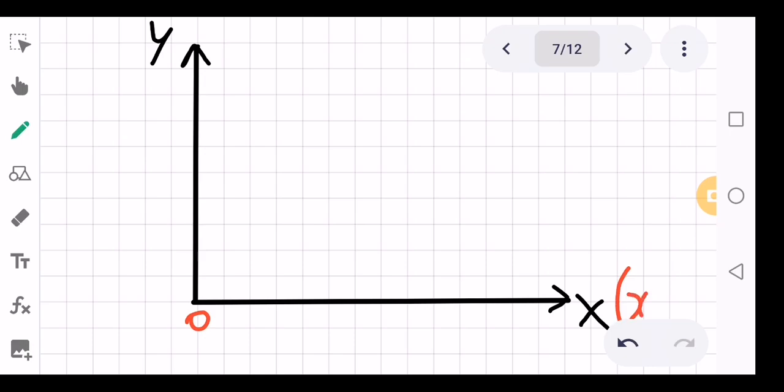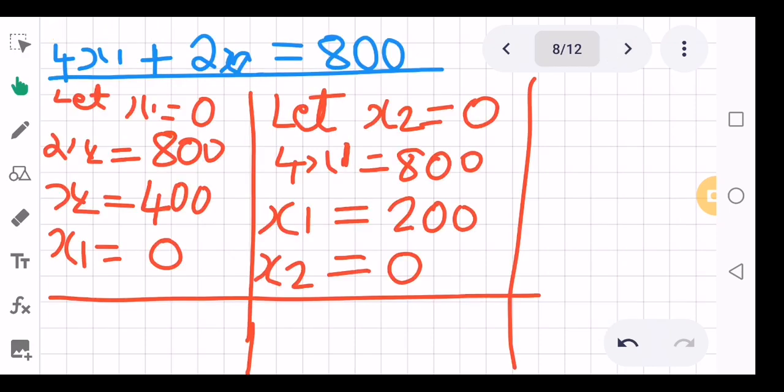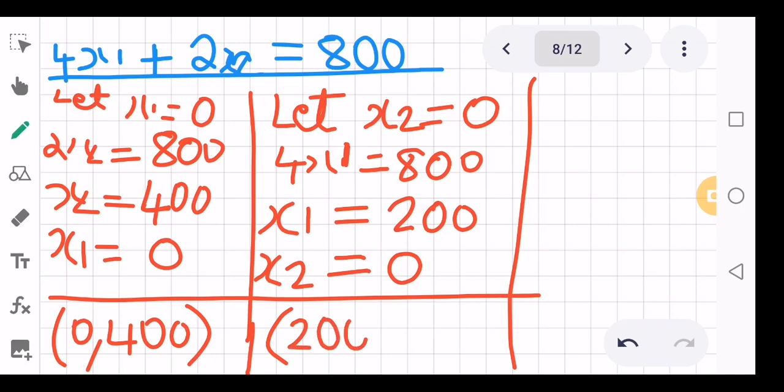I'm considering x2 to be y and x1 to be x so that I'll be able to plot. Now we know the values. Let me put them down. Here x is 0 and y is 400. Here x is 200 and y is 0. Go to the next.